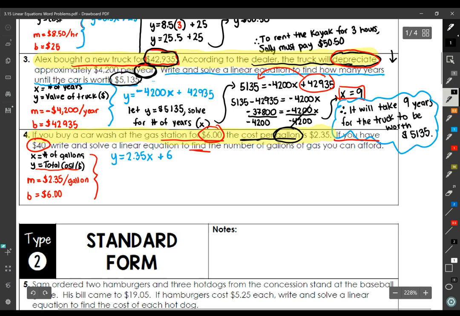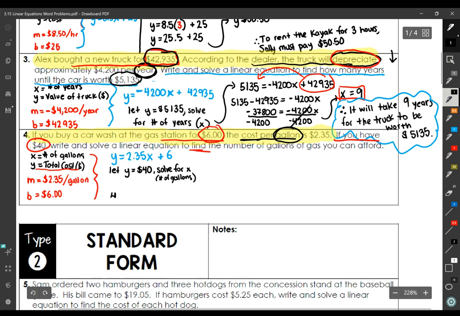So what we're going to do is we're going to let Y equal $40. And we're going to solve for X. And X is the number of gallons, right? Okay.